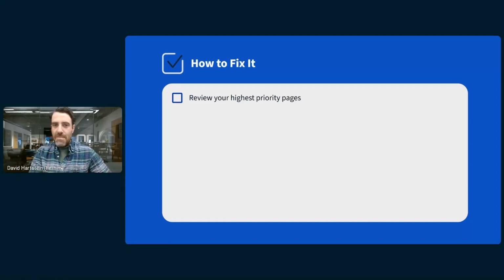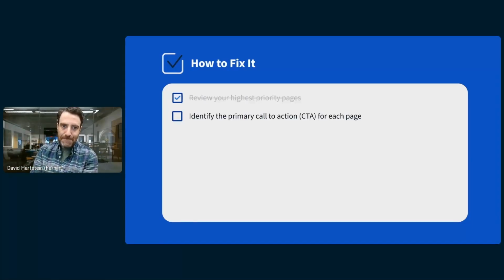So maybe there's a page that doesn't get as much traffic as a popular blog post or something like that, but it's a really sort of like linchpin moment for folks in taking an action like donating or becoming a member or signing up for your services. So you'll probably want to look over those pages, even if they don't get as much traffic.